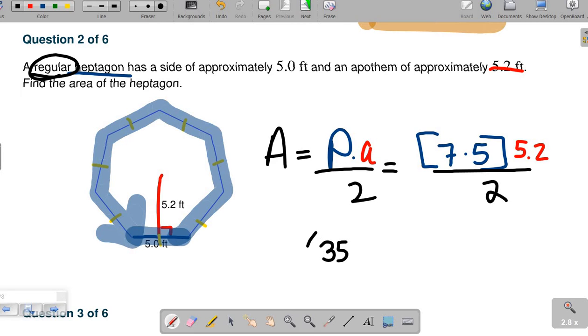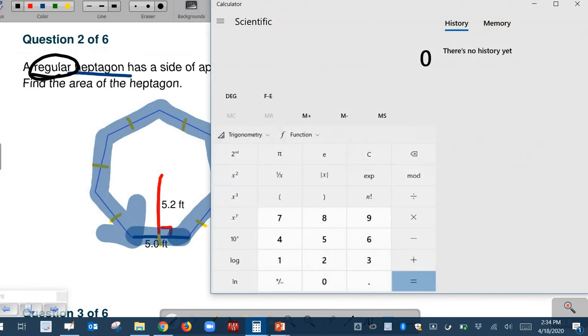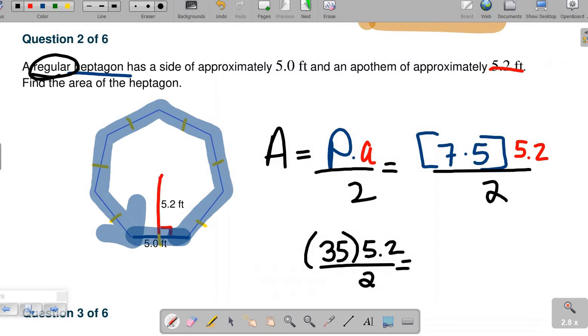This is 35 times 5.2 divided by 2. We get 91, check for units, feet squared.